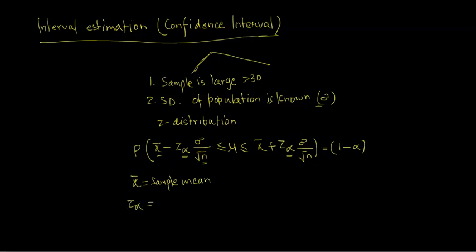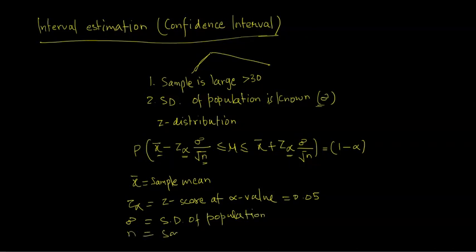Z alpha here is the z score at the alpha value, whatever alpha is, and I'm going to fix it at 5% or 0.05 for some of the coming problems. And n is simply the sample size.